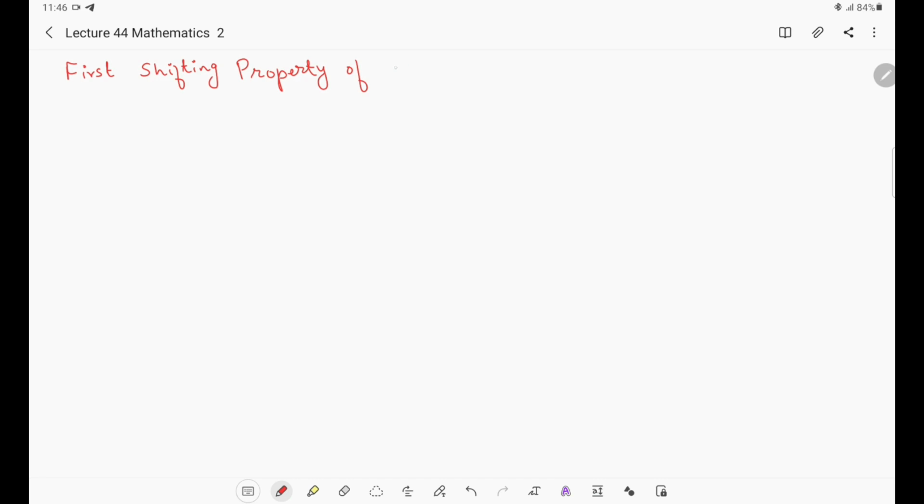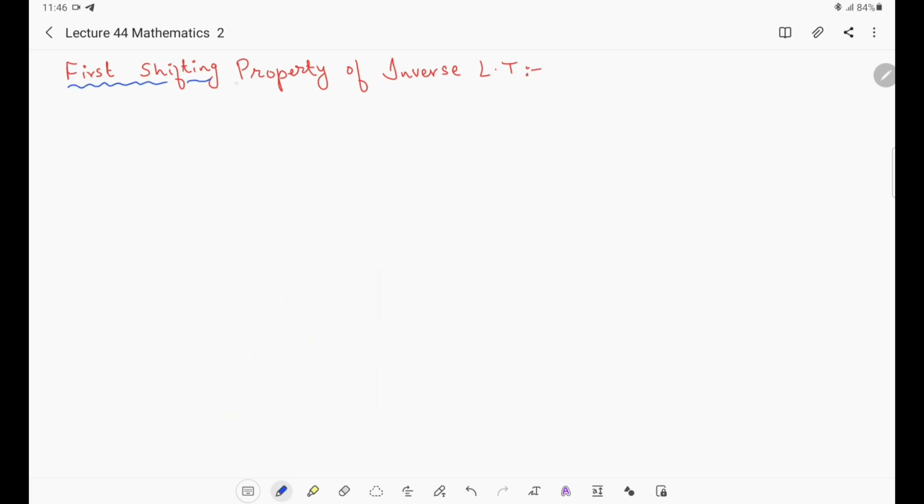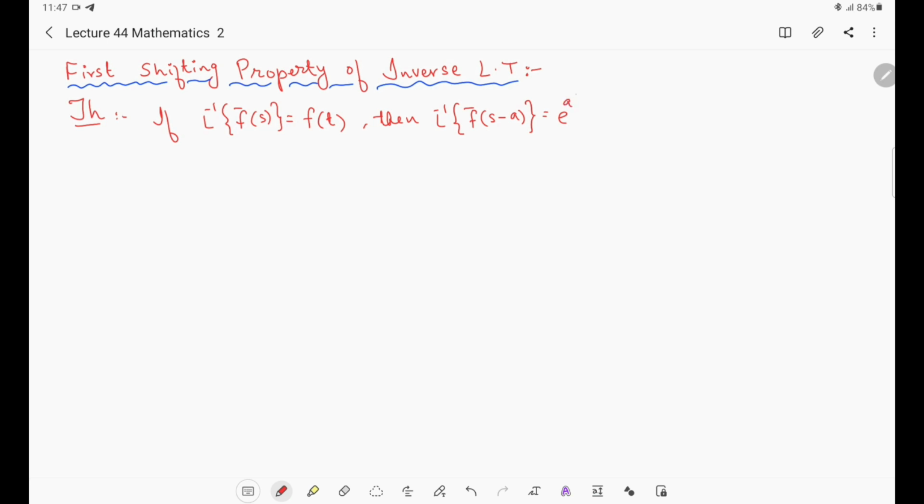The statement will be like this: theorem, if inverse Laplace transform of f bar of s equals f of t, then inverse Laplace transform of f bar of s minus a is given by e power at into f of t, or else e power at into, what is f of t? f of t is the Laplace inverse transform of f bar of s, right?